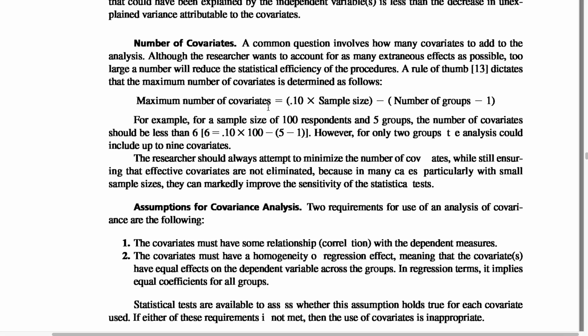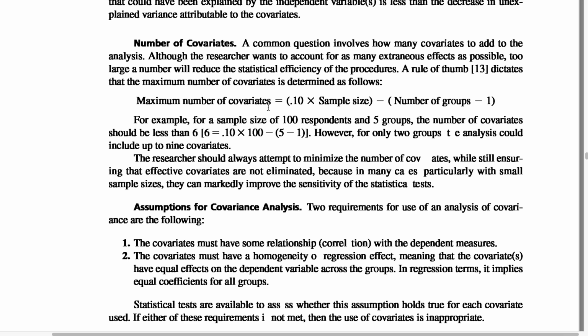The researcher should always attempt to minimize the number of covariates while still ensuring that effective covariates are not eliminated, because in many cases, particularly with smaller sample sizes, they can markedly improve the sensitivity of the statistical test.